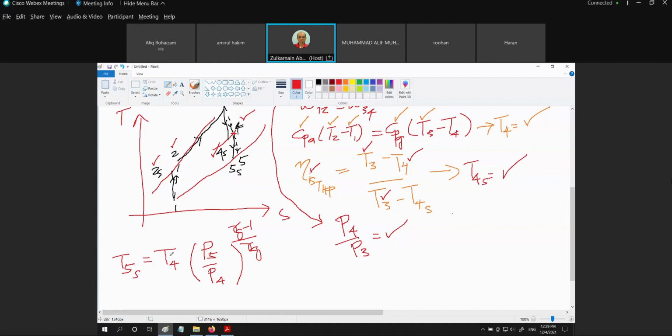So be careful on that. Always look at the actual condition, the actual temperature. So this is the process from 4 to 5S. Can we solve this? You already get this, correct?